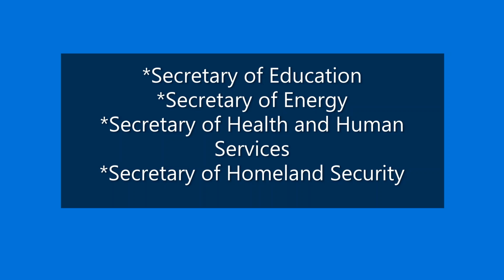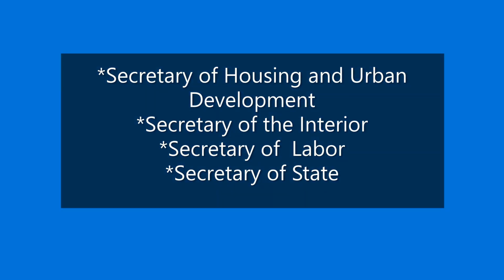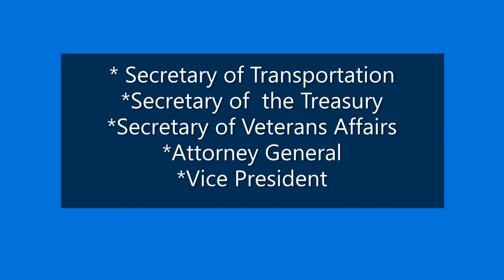And in this screen, you should say two cabinet-level positions are the Secretary of the Interior and the Secretary of Labor. Another example here, the two cabinet-level positions are the Secretary of Transportation and the Secretary of the Treasury.